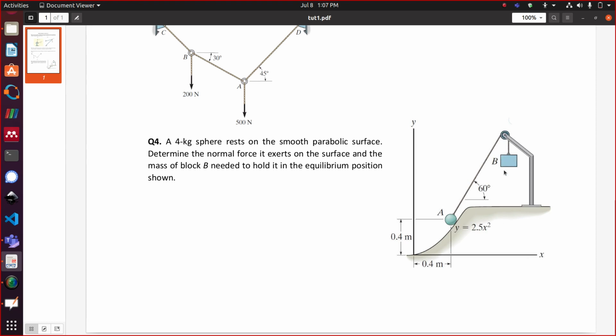The mass B is not going upward or downward, it's staying there, not moving. It can actually move, but let's simply assume that it doesn't. No, it cannot move, because if it moves, the velocity vector here will be changing angle, and that becomes a force. So it cannot move.